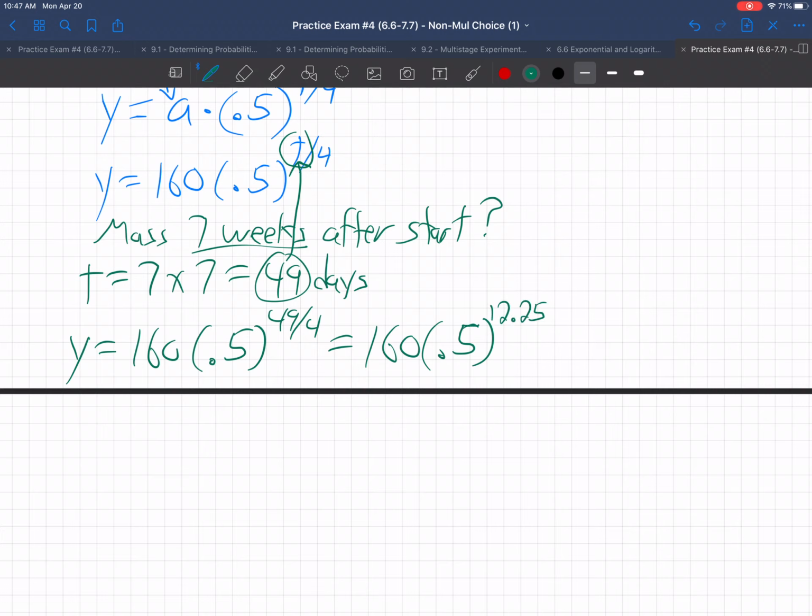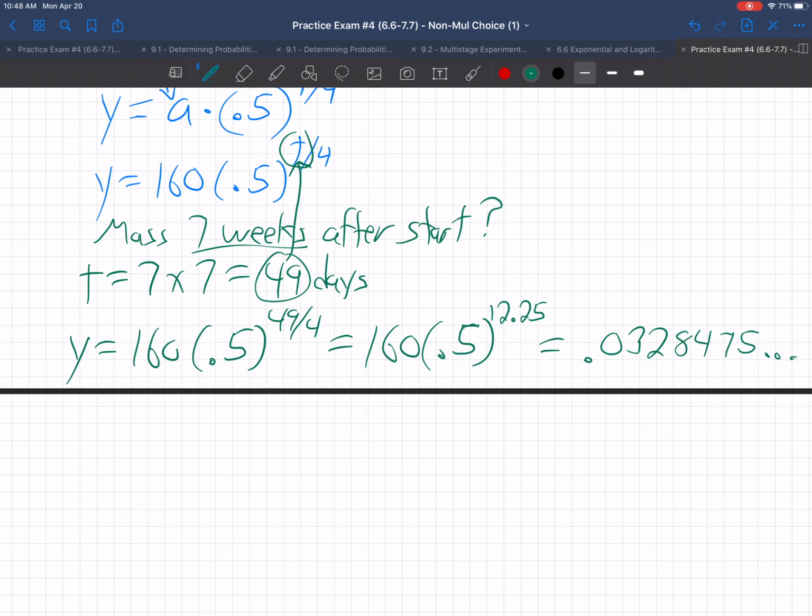All right, hit the buttons on your calculator. And I'm getting 0.0328475, and it goes on and on.